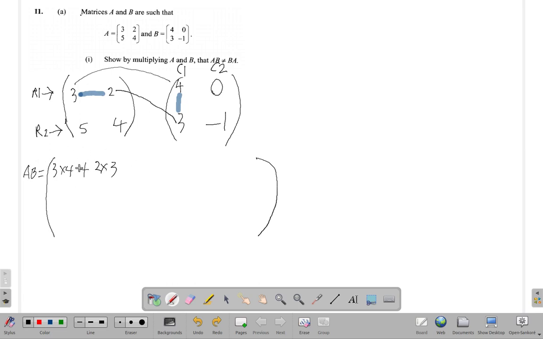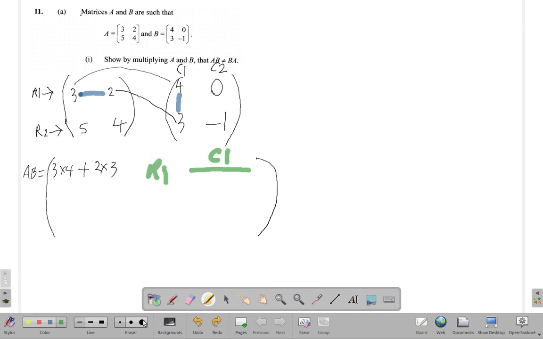Alright, so this is row 1 column 1. Whatever answer this will be, it will be row 1 in the answer and column 1.